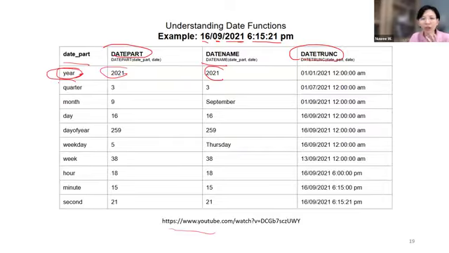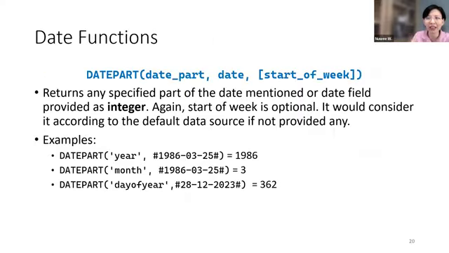Okay, so let's look at the definition of these 3 functions first. Datepart returns the specified part of the date mentioned in the date field provided, as an integer. Okay, and start of the week is optional. So if you want to get the year, you get this year, right? You want to get the month, it gives you the month.